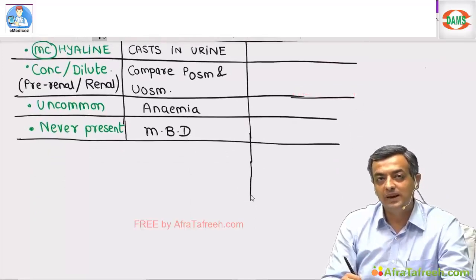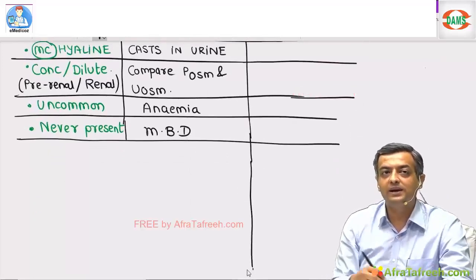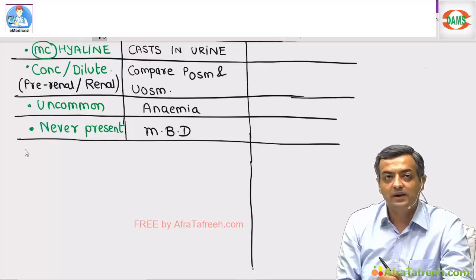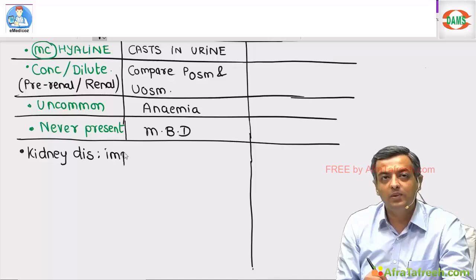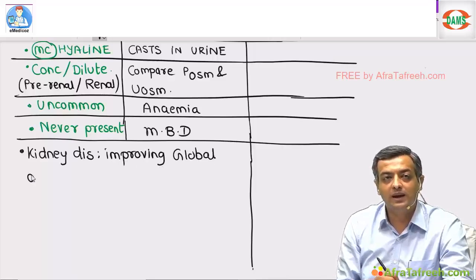In a patient with suspected acute kidney disease, you need to use the KDIGO criteria, that is the Kidney Disease Improving Global Outcomes criteria.